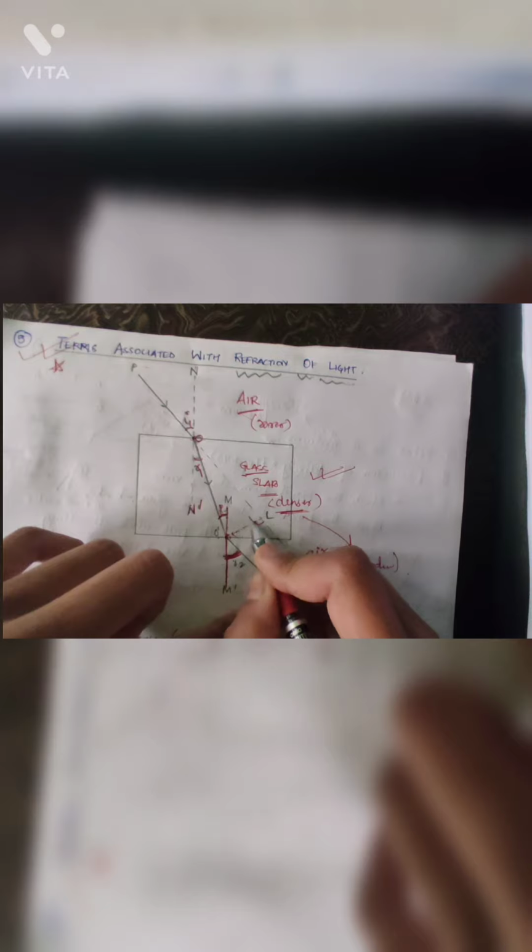Here it is 90 degrees, here it is 90 degrees, because there is a line here, right? So 90 degrees. We call it a perpendicular. So this perpendicular OL, which emerges out, is known as the lateral displacement.